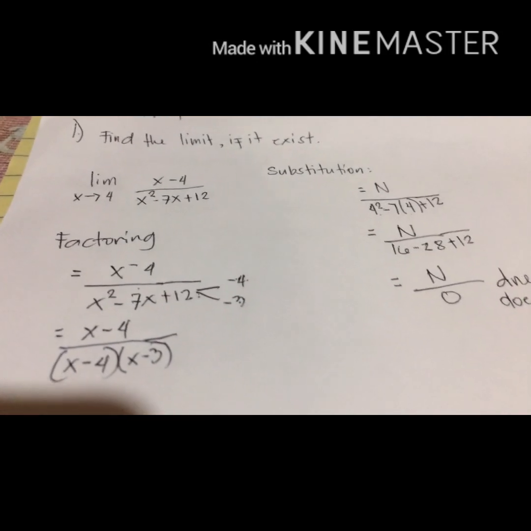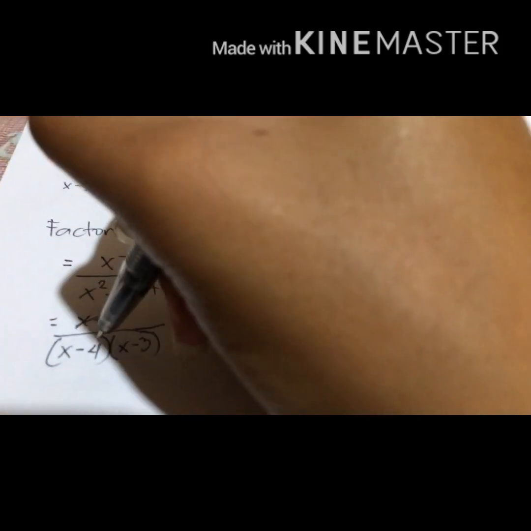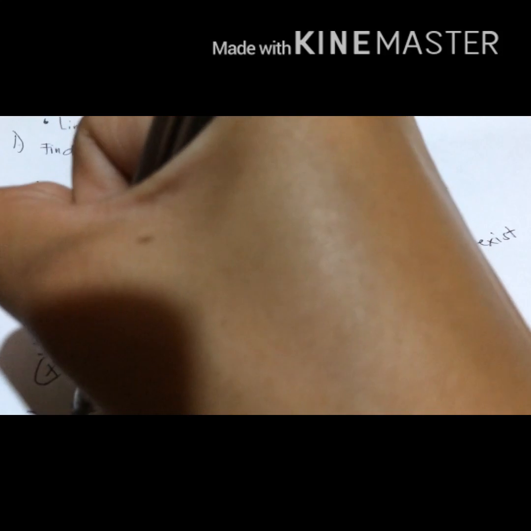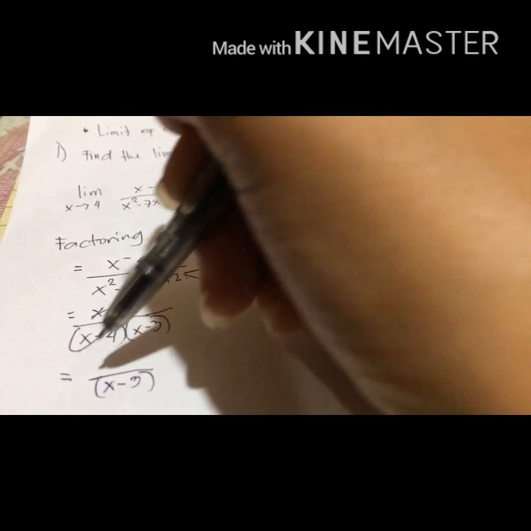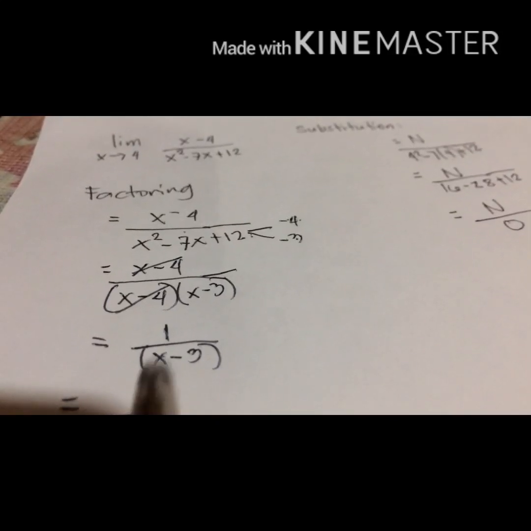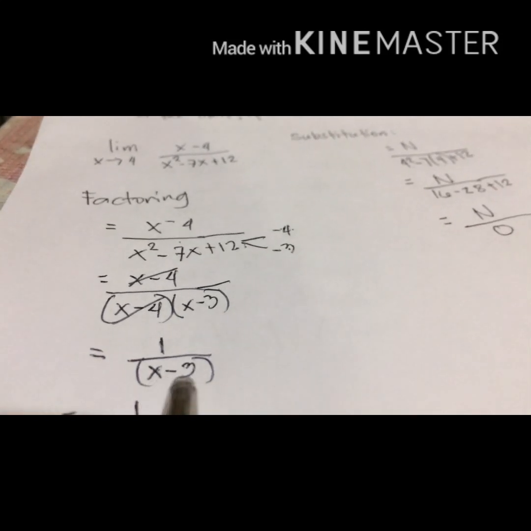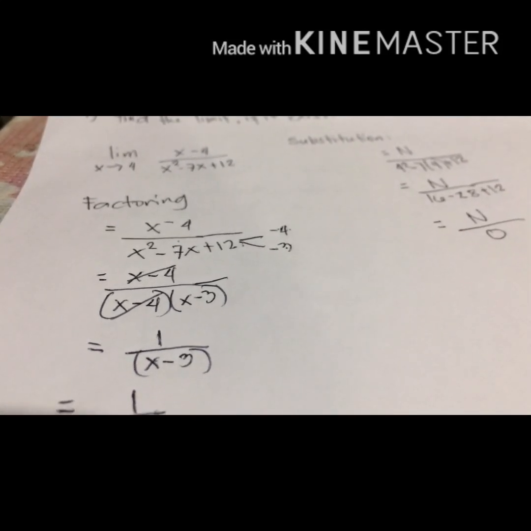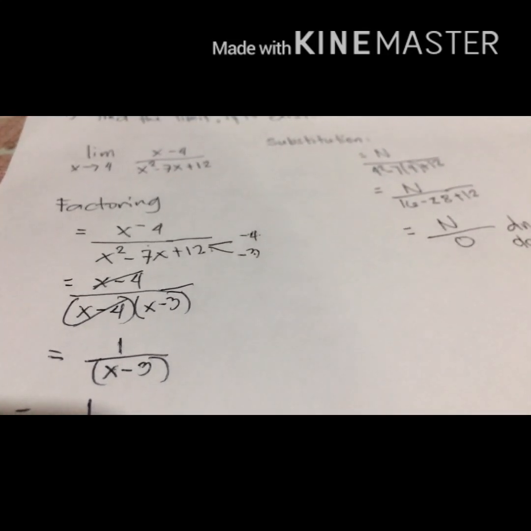So in this time, we cancel out x minus 4. The remaining is x minus 3. We will have 1 here, understandably, and the remaining is x minus 3. So we will evaluate the limit as x approaches 4.